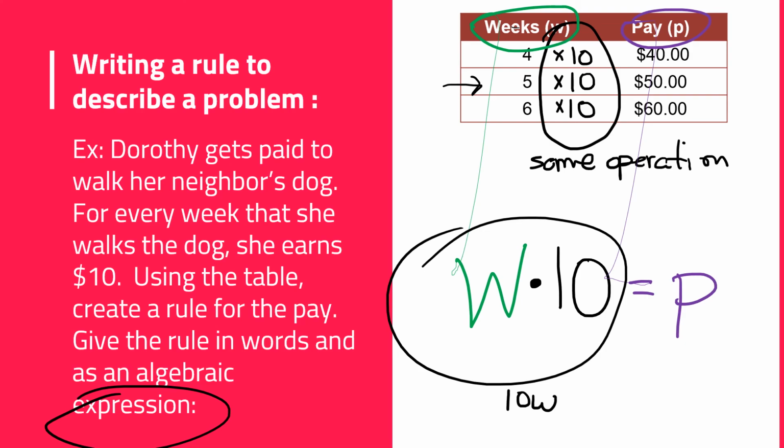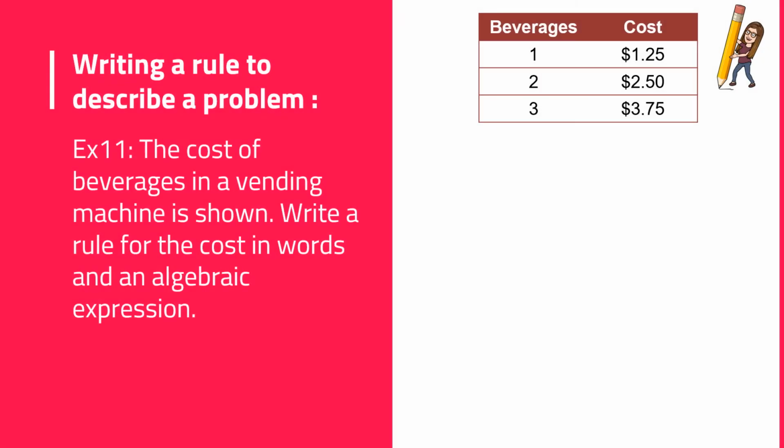All right, let's work on this again, but this time on your note sheet. The cost of beverages in a vending machine is shown, and we want to write a rule for the cost in words of an algebraic expression. So my goal is, how can I get from here to there? Well, let's see. If one beverage costs $1.25, am I timesing by $1.25?